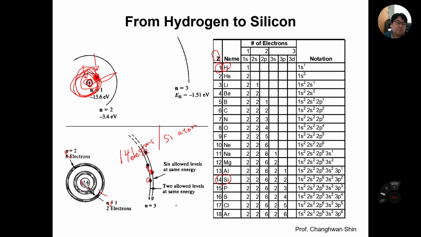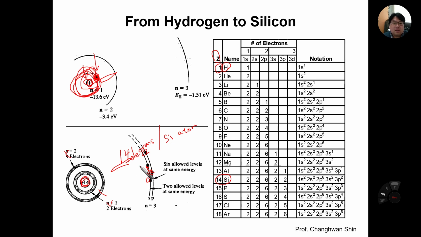So 14 positively charged particles are placed at the center of the atomic structure of silicon, and 14 electrons are moving around, but not randomly, but in a very limited orbit or limited lane. Those 14 electrons are moving around the center of the silicon atom.